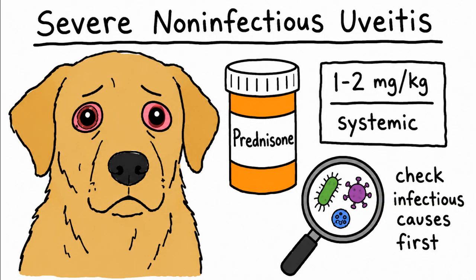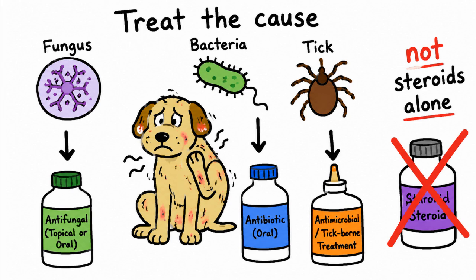Severe non-infectious uveitis may require systemic prednisone at approximately 1 to 2 milligrams per kilogram, but infectious causes should be investigated before immunosuppression. Confirmed fungal, bacterial, or tick-borne disease requires appropriate organism-specific antimicrobial therapy rather than corticosteroids alone.